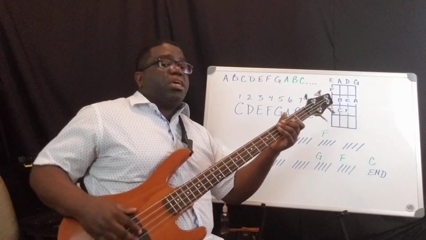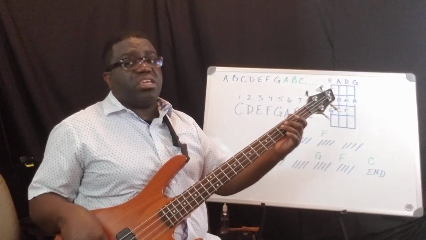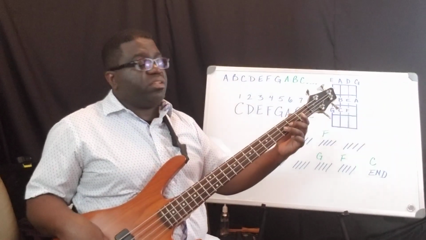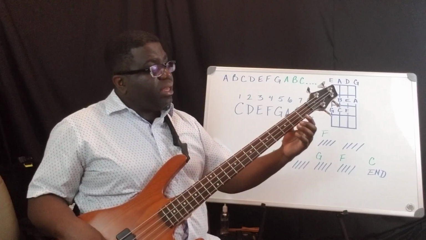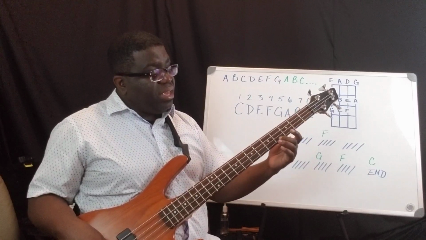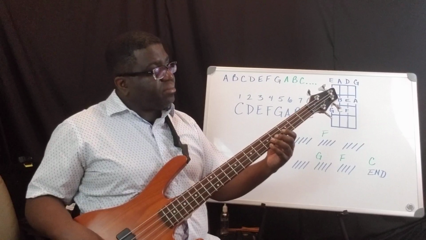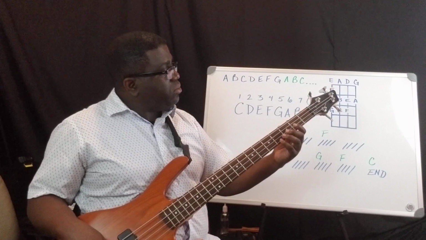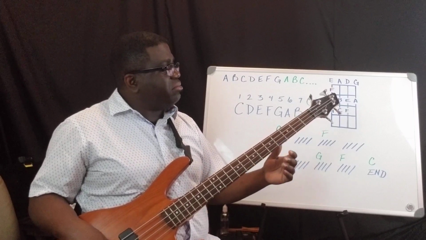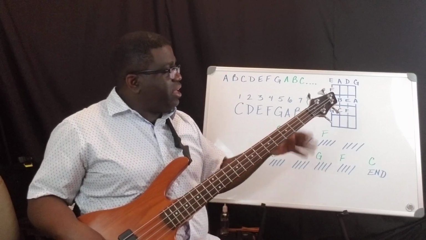Okay? And then that scale sounds like this: C, D, E, F, G, A, B, C. All right? Okay, so we could add, yeah, that's all right. I was going to add the B, but that's all right.